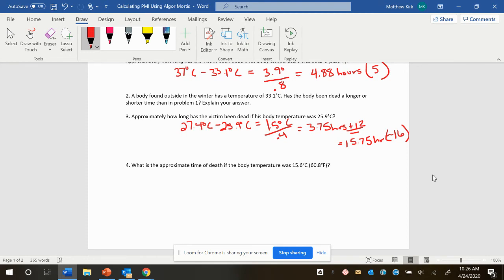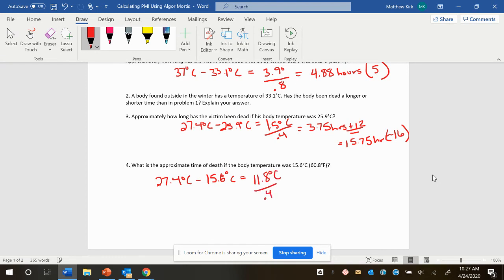So again, if it's under 27.4, I take my 27.4 degrees. I'm going to subtract that measured temperature, because what I'm trying to figure out is how many more hours past that initial 12 it's been. So 27.4 minus 15.6. I get 11.8 degrees as the temperature change of the body.